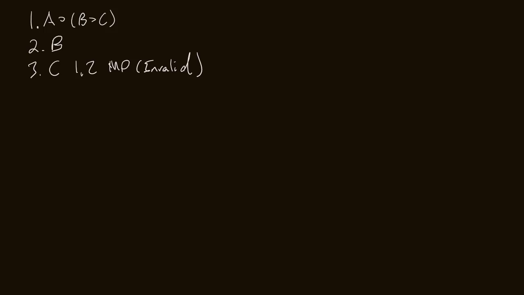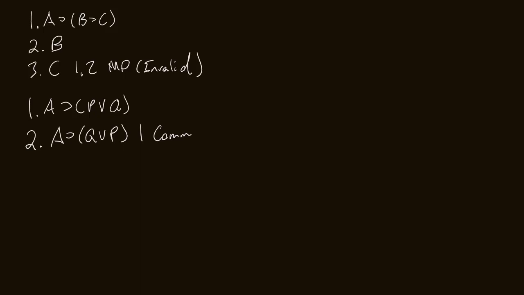So if I had something like A, then P or Q, as my statement, what I can do on line 2 is say A, then Q or P. This came from 1, and this came from commutativity.